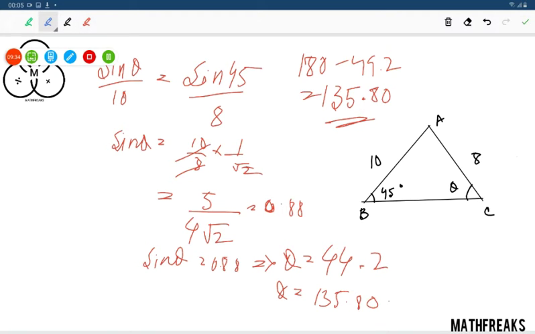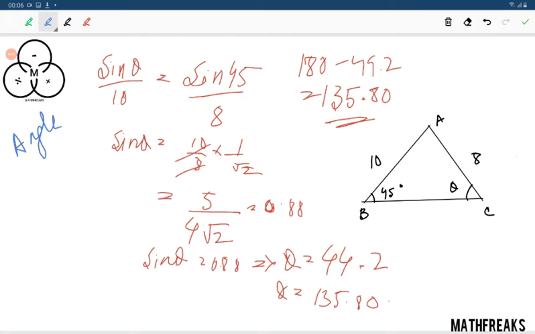Now here is the ambiguous case: which value will we take? Interestingly, here comes the topic that the angle opposite to the larger side is larger. I hope that all of you know this.